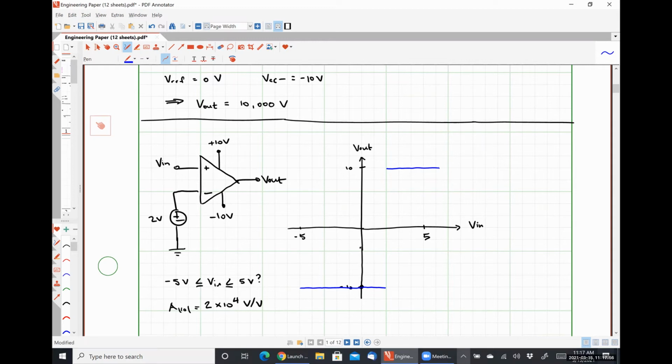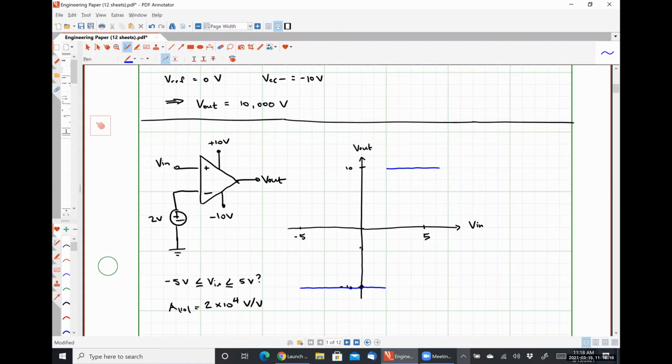In between, for a very, very small window, a little bit below V reference and a little bit above V reference, our amplifier is working in the linear range, where the output is simply a scaled version of the input.